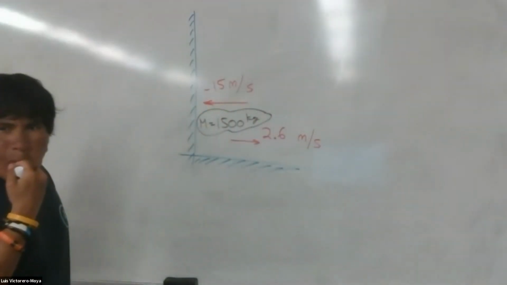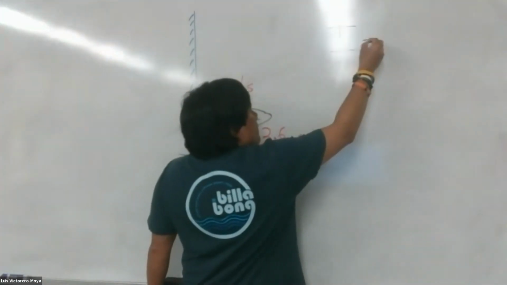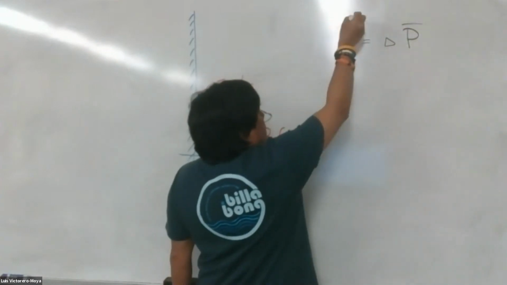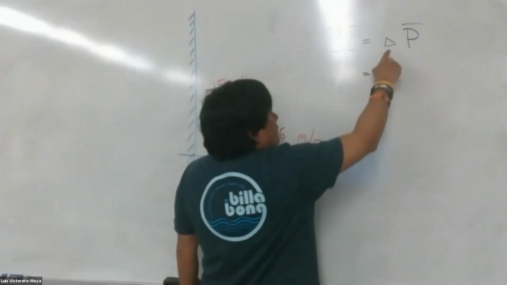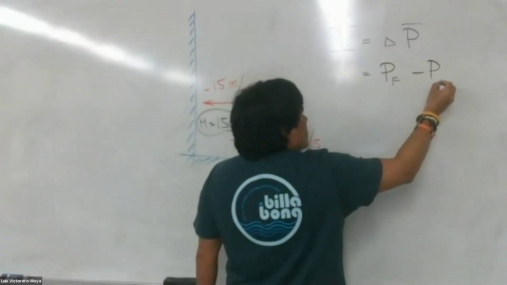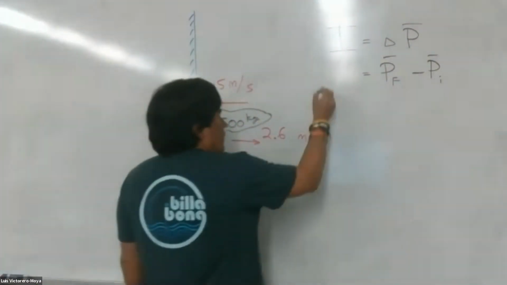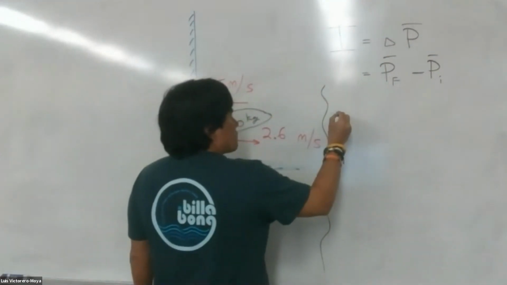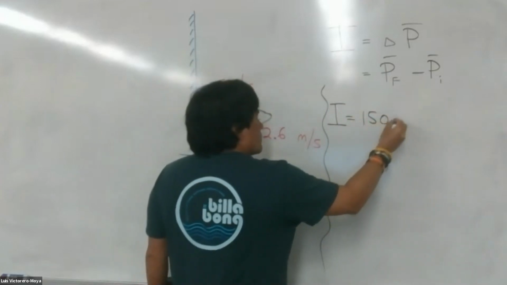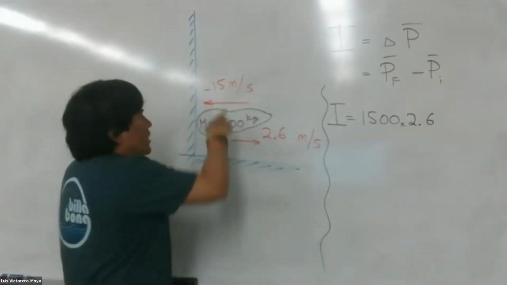Impulse is change in p. By the way, impulse is also a vector, right? But let's put here p final minus p initial. p final is that. What's p initial?